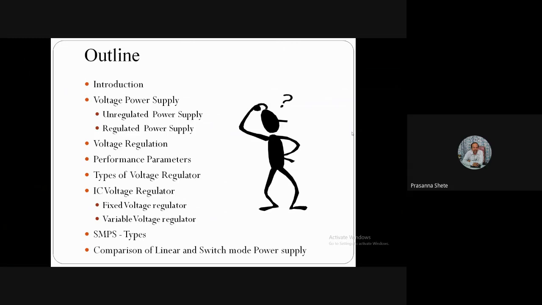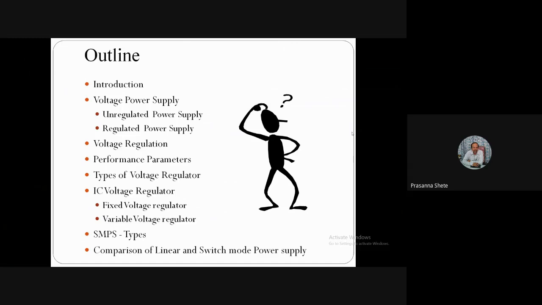We are going to study the types of voltage regulators, what are the different types of IC voltage regulators. In that, we are going to see fixed voltage regulators like 78XX and 79XX. Then we are going to see the different variable voltage regulators like IC 317 and IC 337.